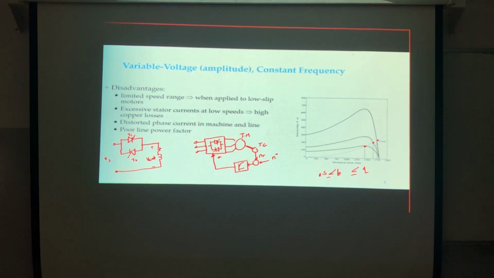Let's assume this is the supply voltage. T1 will be fired in the positive half cycle, and T2 will be fired in the negative half cycle. Let's assume that I'm firing at this point. This is alpha, so here it will be alpha plus pi. So what will happen here for the voltage? If I'm assuming continuous operation, it will be something like this, correct?